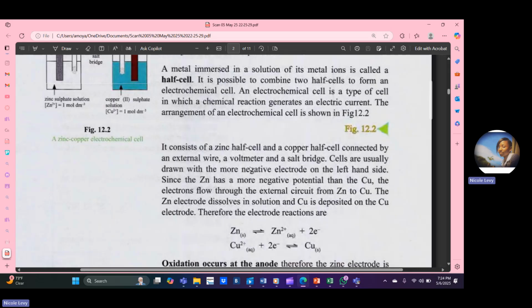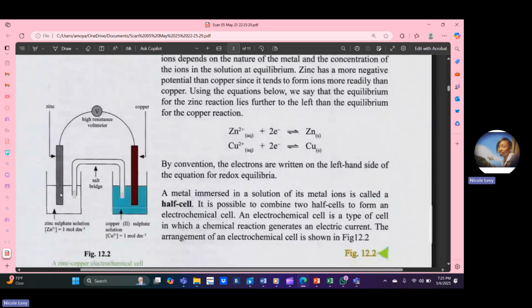So what they are saying is that when the zinc gives up those electrons, right, some of them are going to travel through the wire. Remember, we said some is going to remain around the metal, but some will actually travel through the wire and go over to the copper. Now, because the copper is less reactive, the Cu2+ ions are going to accept electrons and reform solid copper.